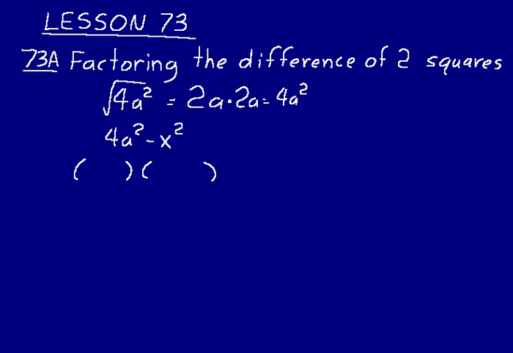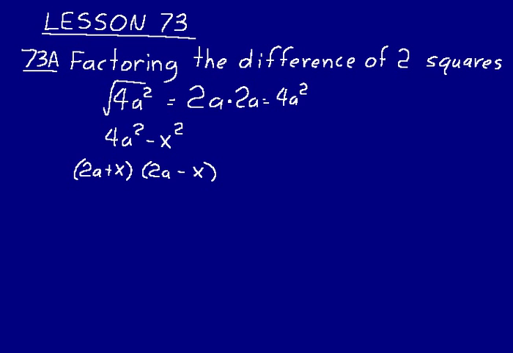The square root of 4a squared would be 2a, and we put that at the beginning of both of the binomials. Then that minus x squared, well, the square root of x squared would just be x, right? Because x times x equals x squared. In one of these we put a positive x, the other we put a negative x. That's how we factor the difference of two squares.